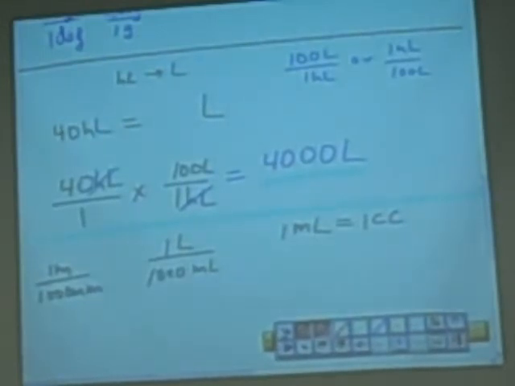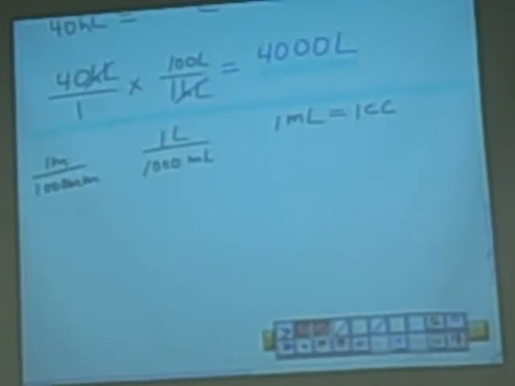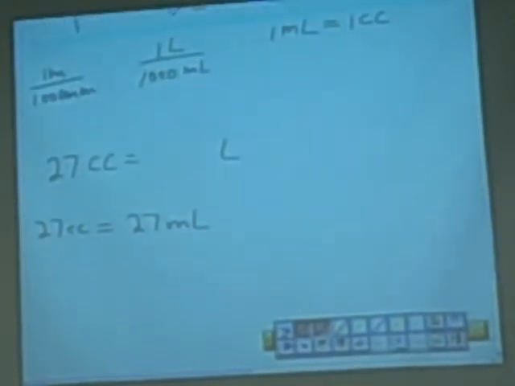Therefore, if we have 27 cc's and we want to know how many liters that is, since 1 cc equals 1 milliliter, 27 cc's is going to equal 27 milliliters, right?